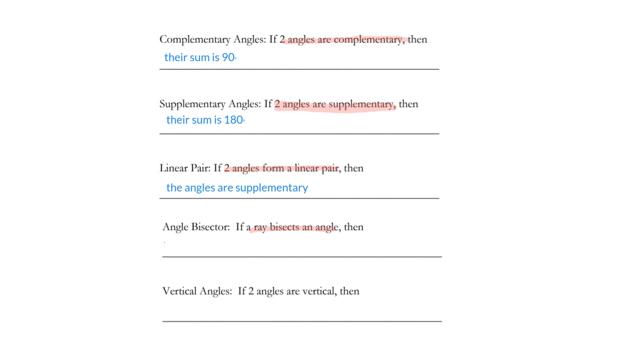If a ray bisects an angle, then what do we know? Well, then we know the angle is divided into two congruent angles. An angle bisector is a lot like a midpoint. And lastly, vertical angles. If two angles are vertical, then what do we know about them? Well, you might know we already wrote this in our previous unit. We know then they are congruent. Remember, we set those equal to each other in unit 1B.